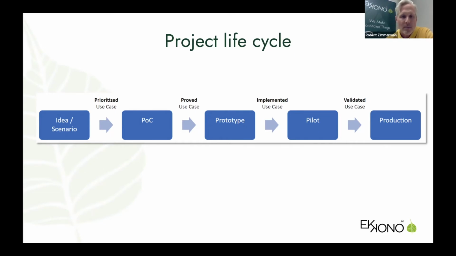So typically, when you have the idea scenario prioritized and have selected the one, you move over to the proof of concept step. There you typically use historical data, and you use that step to prove the feasibility and practical potential of the use case.